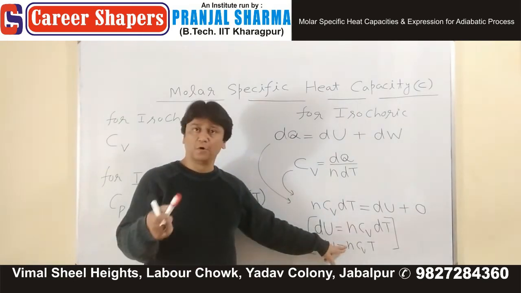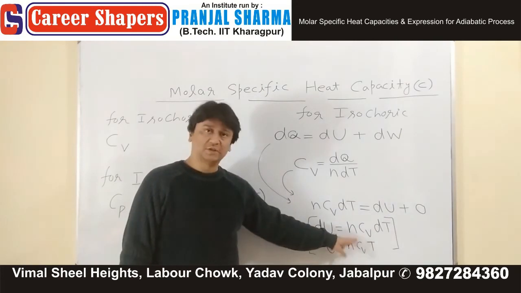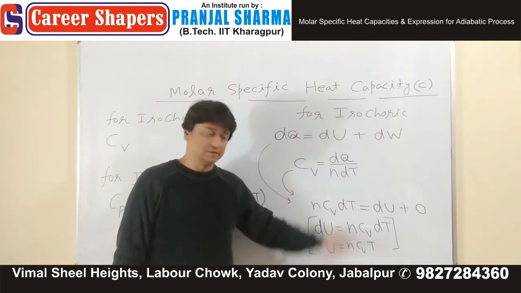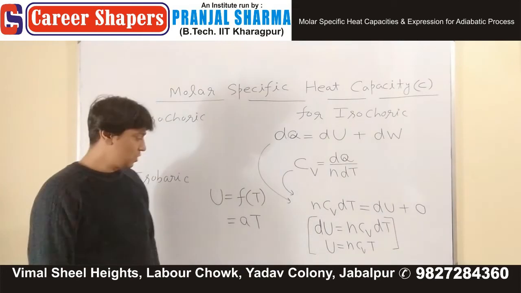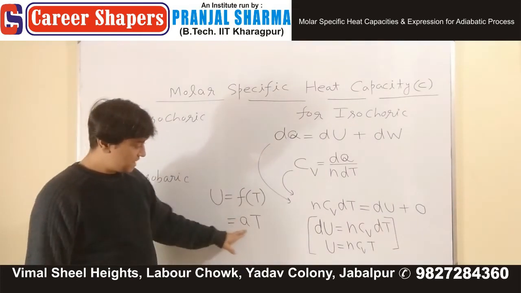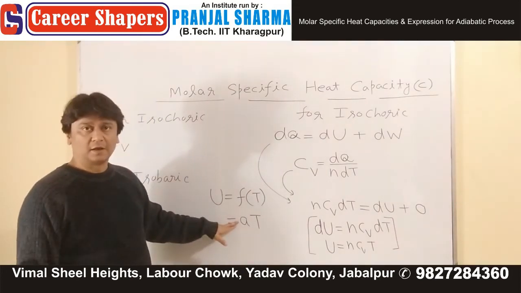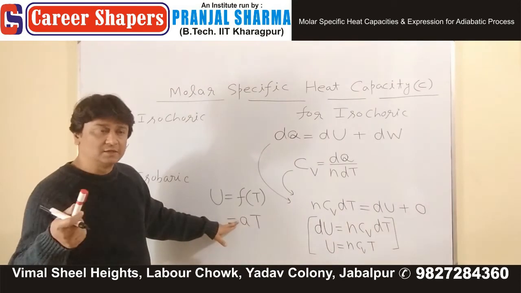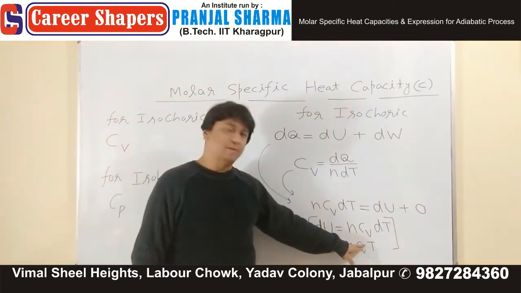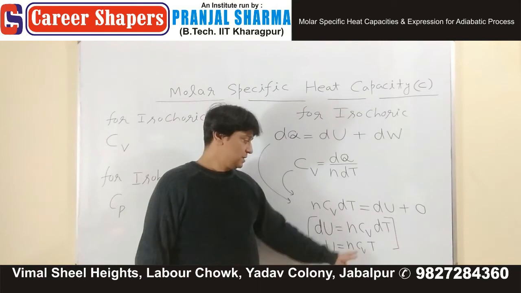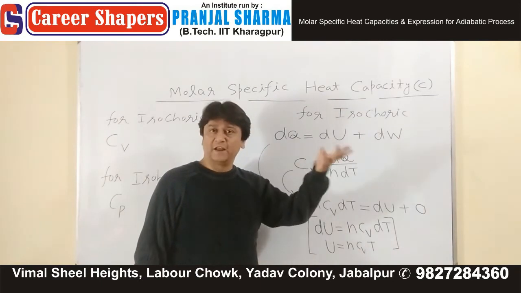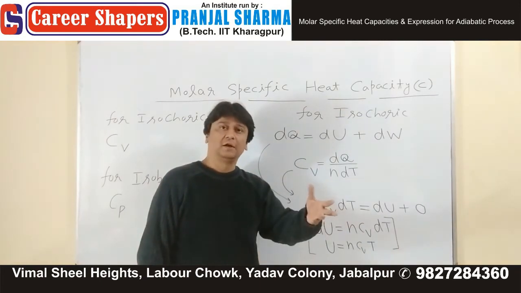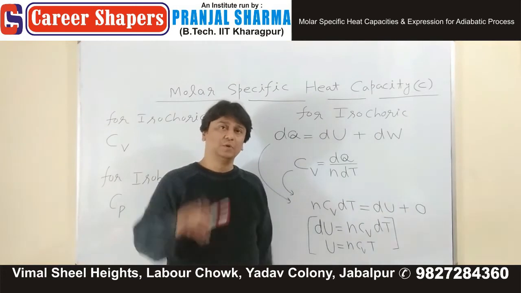You already know the number of moles, and we'll see what basically CV is. So far we have found what this constant A basically is: N multiplied by CV. What is CV? 5, 6, 7, 3 or some number. We'll see that later.